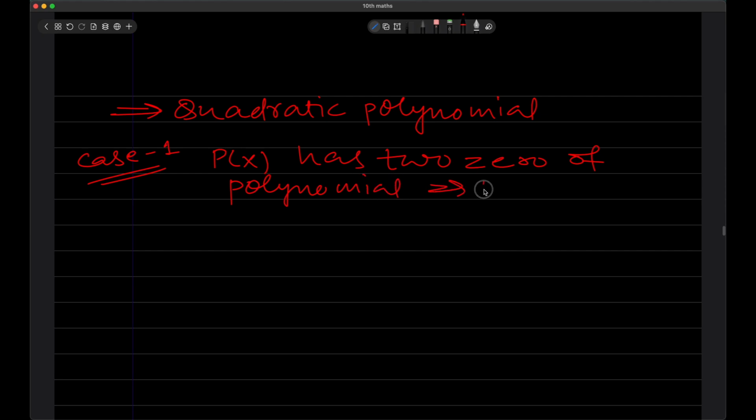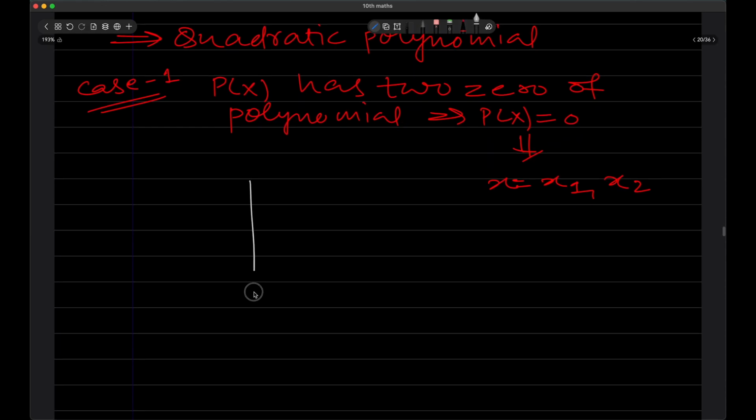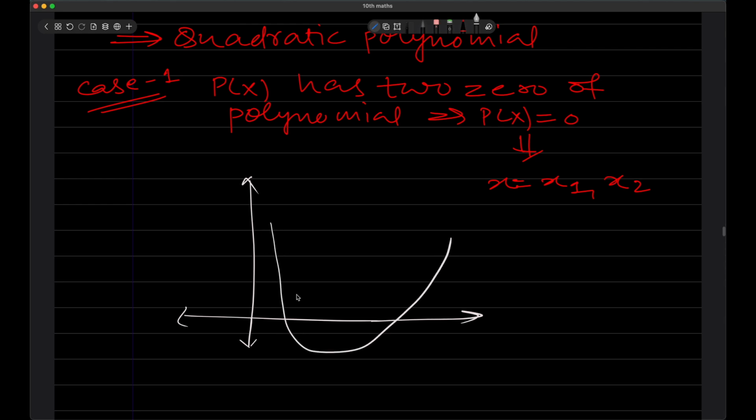That is, if we put p of x equals to 0, we will get x equals to x1 comma x2, and if we plot the curve, we will get a curve that touches the x-axis at two different points, that is at x1 and x2, and these are the two zeros of the polynomial.